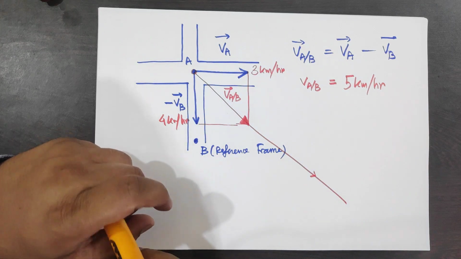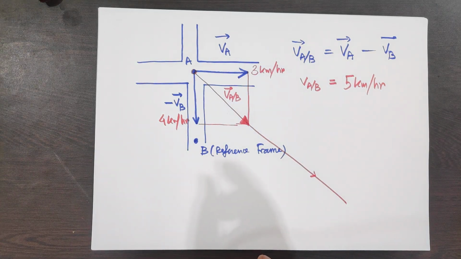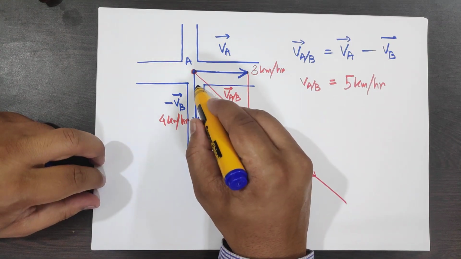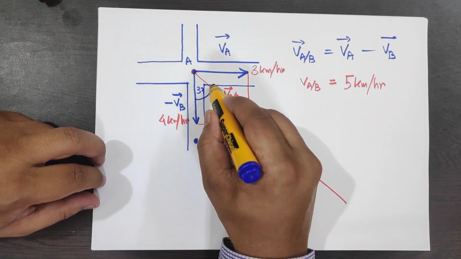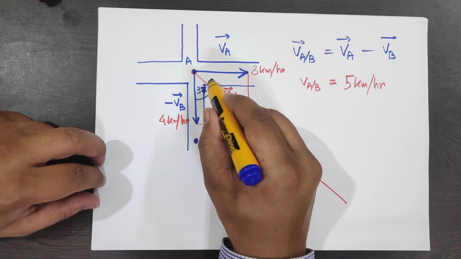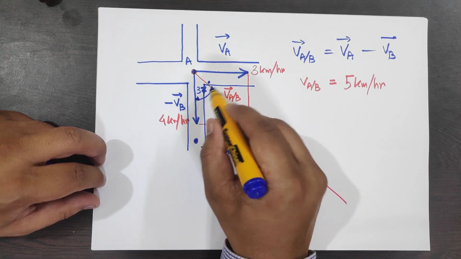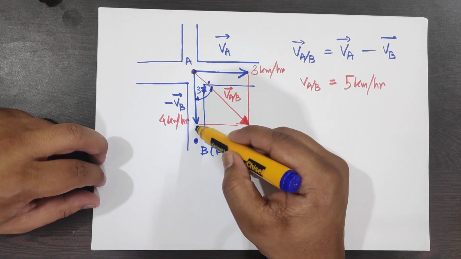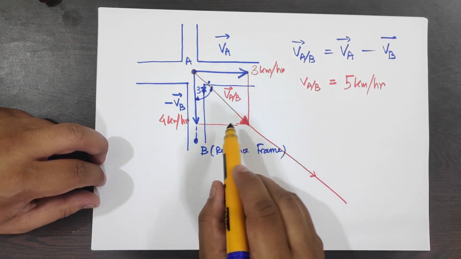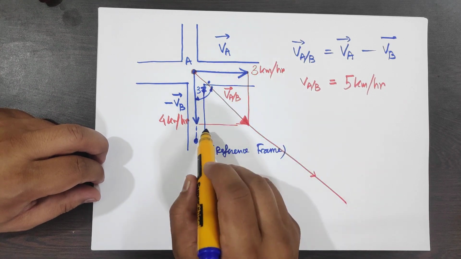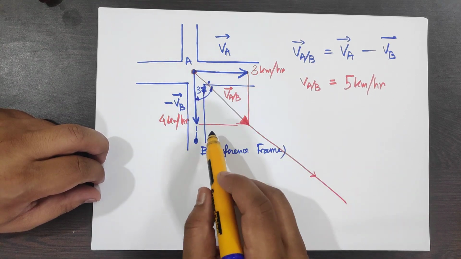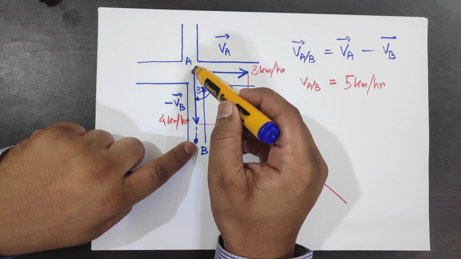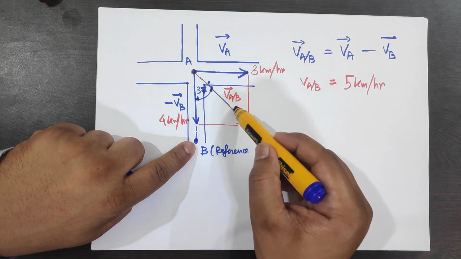And more importantly, as you can see from the diagram, this is 3, this is 4, so this angle is 37 degree. Tan 37 is 3 by 4. Here I have fixed B. B is a reference. So with respect to B, this is the path taken by A.